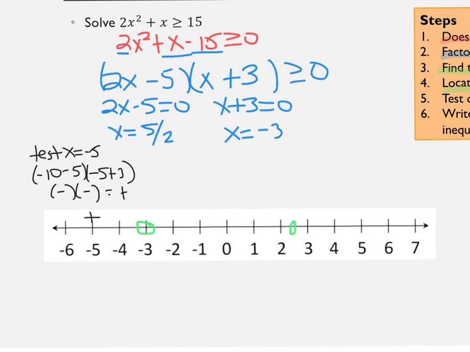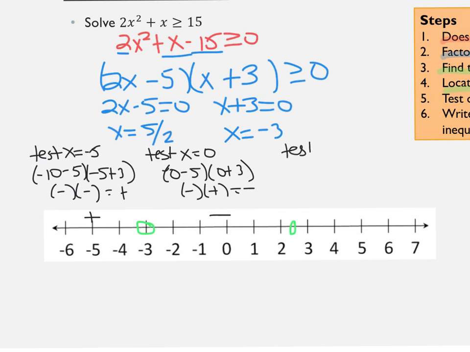I probably choose 0 to test because it's easy in between the two zeros. Okay, so we'll have 0 minus 5 times 0 plus 3, or a negative times a positive, which is a negative. So I'll put a minus sign. And then let's test 5.